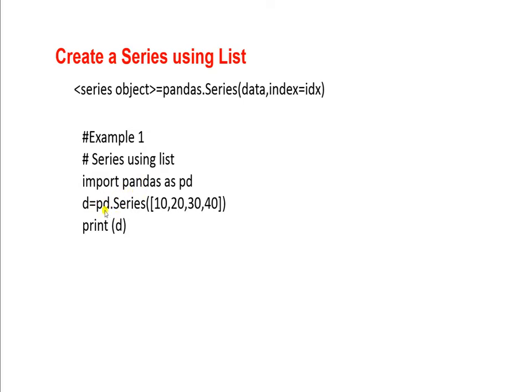The argument for the data is 10, 20, 30 and 40, and we print this series without index. Index is not compulsory, so we generated this series without index, and now the output is 10, 20, 30, 40 and its default type is int, so it displays the data type as int, and the default index is 0, 1, 2, 3. This is the output when we generate a series using a list.